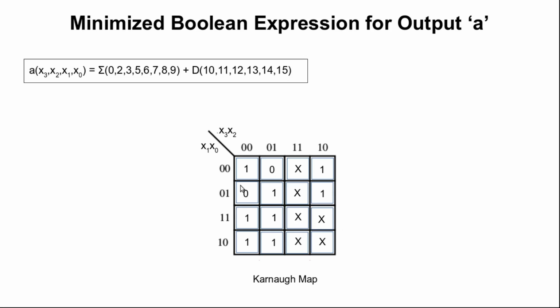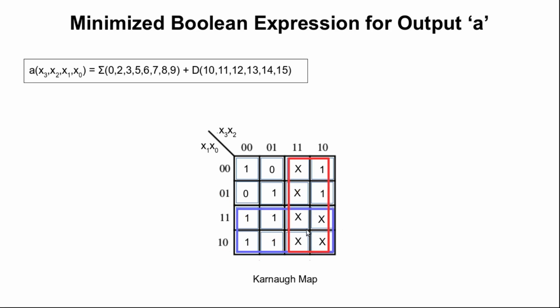Once we represent the Boolean function in a Karnaugh map, we should try to make groups of ones. Here, as you can see, we have 4 ones. You may think that we can make a group of size 4 here. However, since we have some don't care conditions, this would not be the correct way to group, because this would not be the most minimized expression.